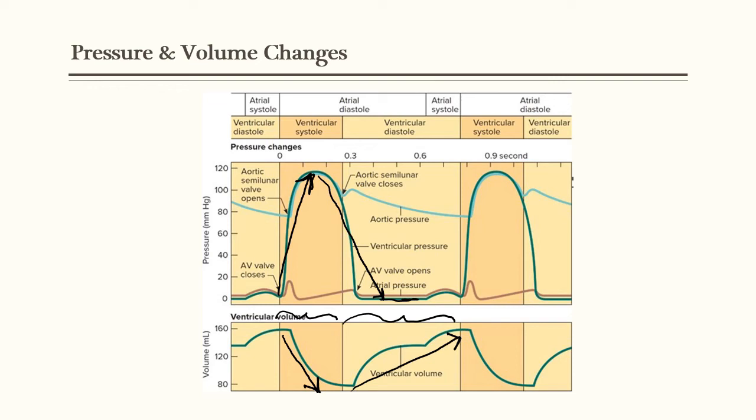A general statement here would be that volume and pressure have an inverse relationship, and it all has to do with contraction and relaxation. During contraction, pressure goes up, volume goes down. During relaxation, pressure goes down, volume goes up.